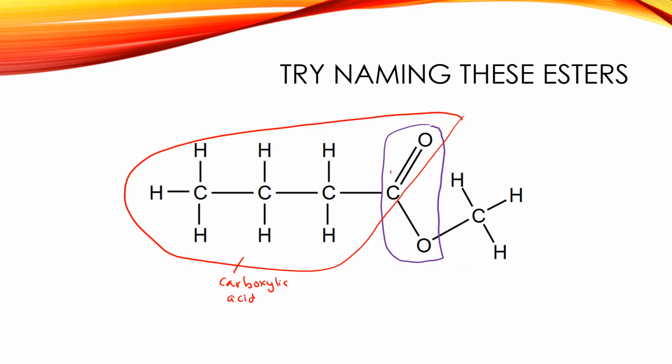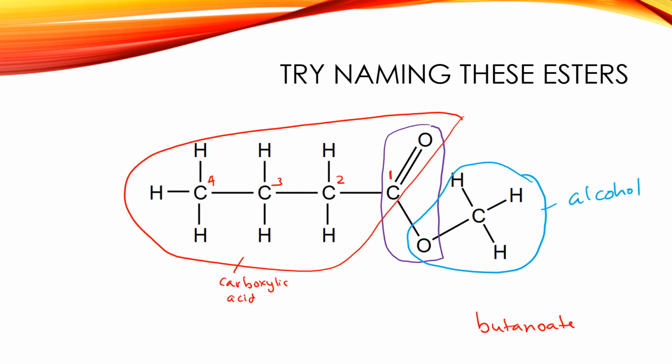Numbering from the carbonyl group out, 1, 2, 3, 4. So it was butanoate, salt of the carboxylic acid. This section came from the alcohol. There's only one carbon, so it's methyl butanoate.